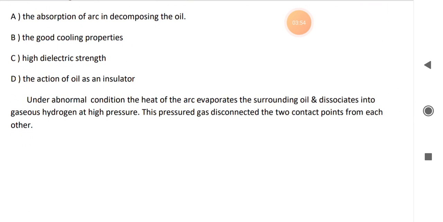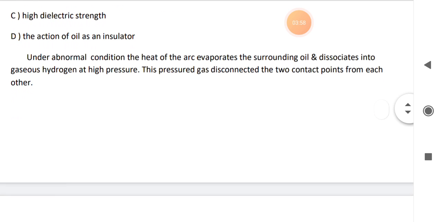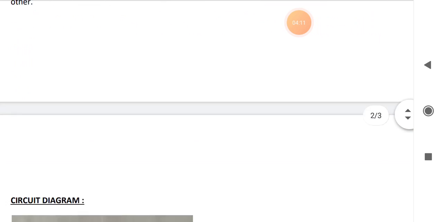Under abnormal condition, the heat of the arc evaporates the surrounding oil and dissociates it into gaseous hydrogen at high pressure. This pressurized gas disconnects the two contact points from each other.